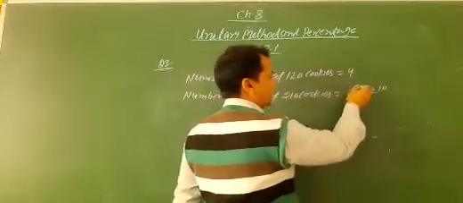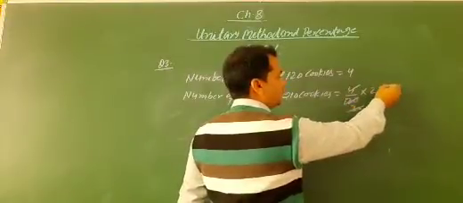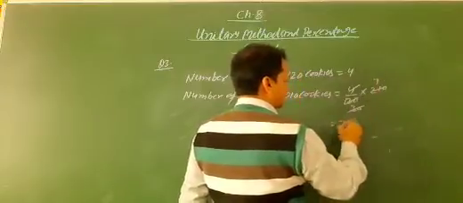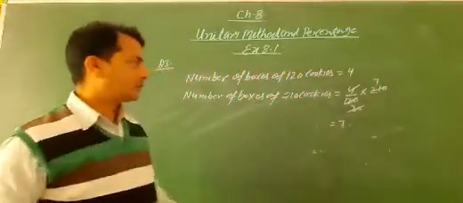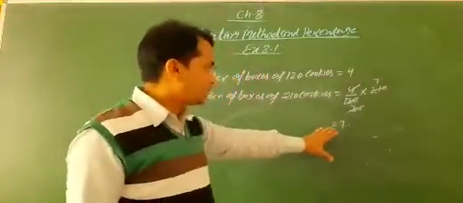Then 210 divided by 30 is 7. So it is clear that the number of boxes for 210 cookies is 7.